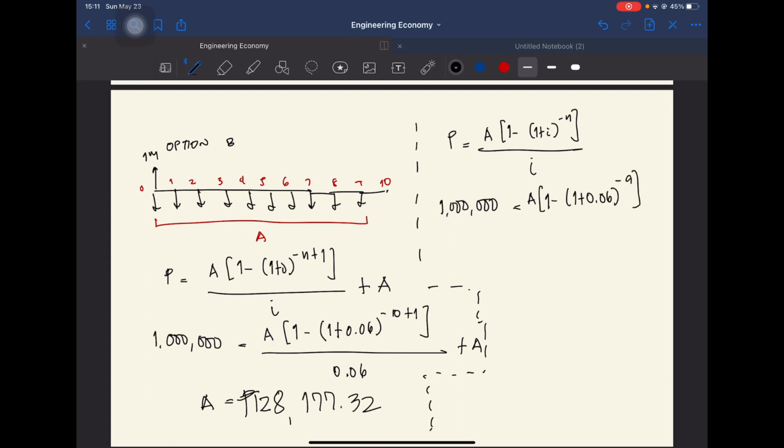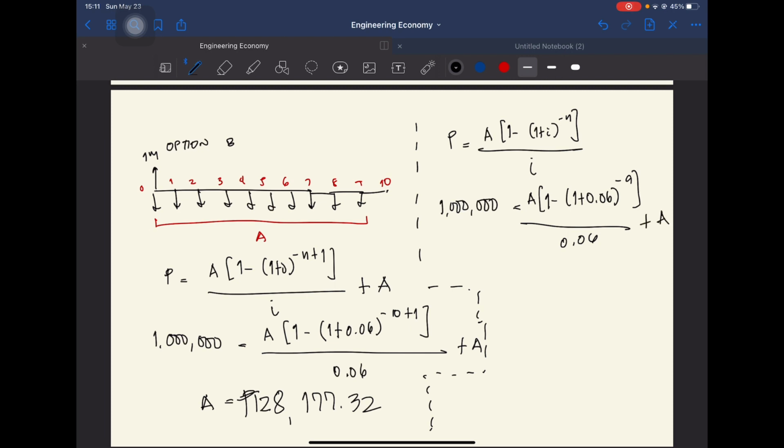Diba siyam lang yung nahagip mo eh. Tapos, you also have to consider that 1 million, kailangan meron siyang plus A. Otherwise, kulang yung magiging present worth. Tama ba? O yan yun. So, you have to write plus A dito.